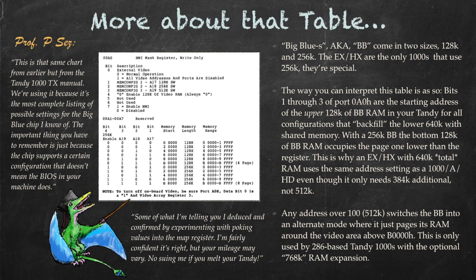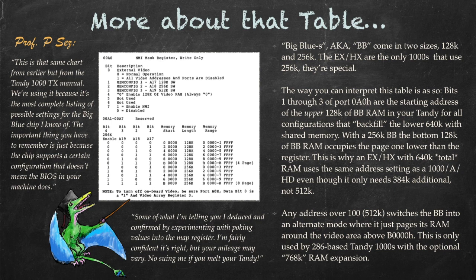What those translate to is the starting address of the top 128K of RAM that's on your Big Blue. I say top because the other 128K on those 2 models that have 256K actually lives 1 page below it.